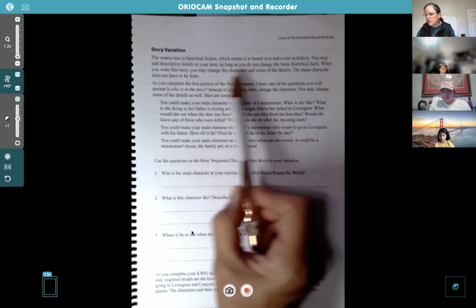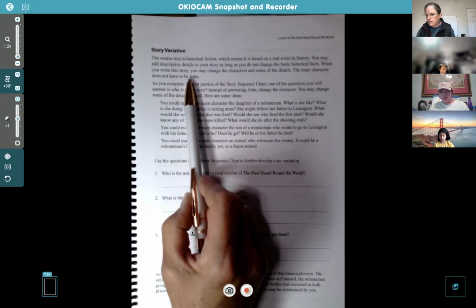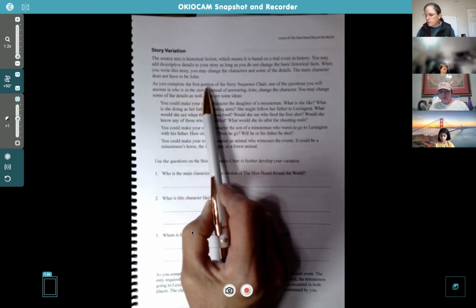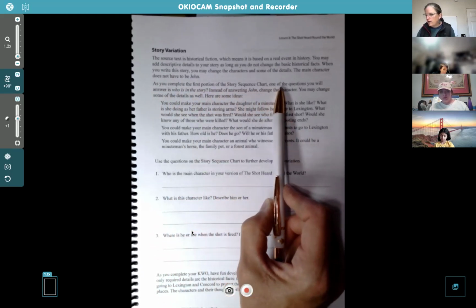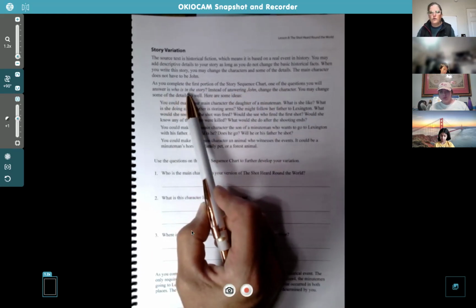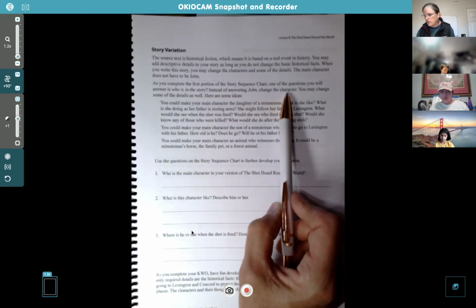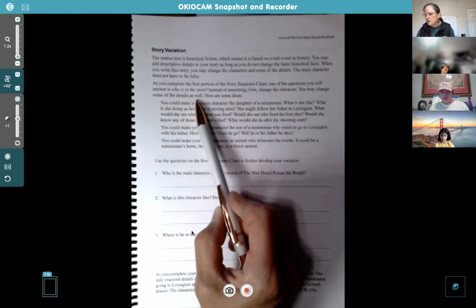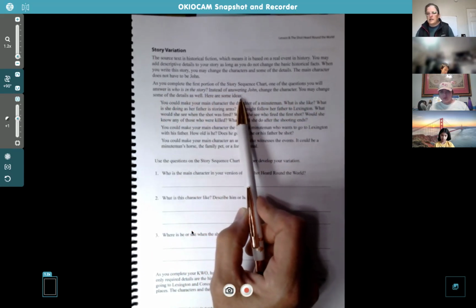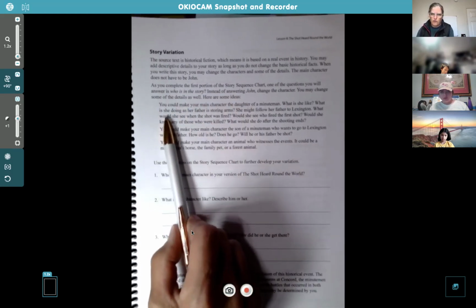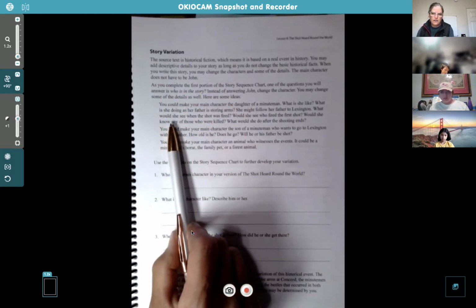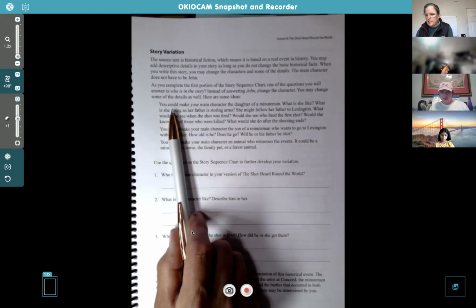The main character does not have to be John. As you complete the first portion of the story sequence chart, one of the questions you will answer is who is in the story. Instead of answering John, change the character. You may change some of the details as well. Here are some ideas. Okay, so these are ideas for you. You can use one of these ideas or come up with your own idea.